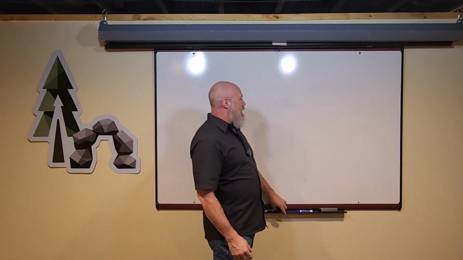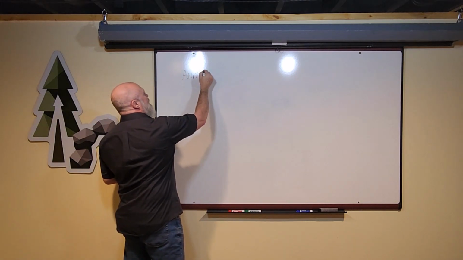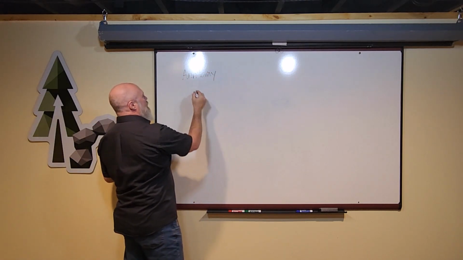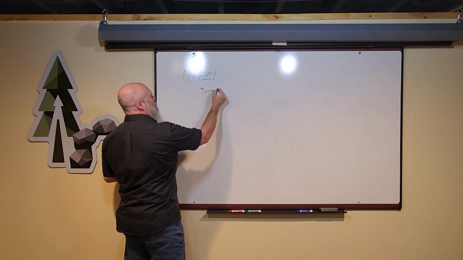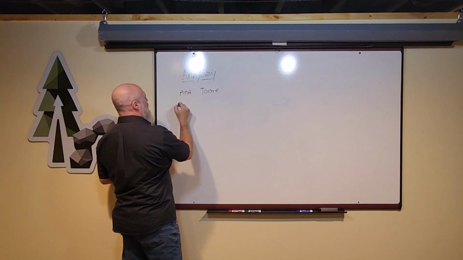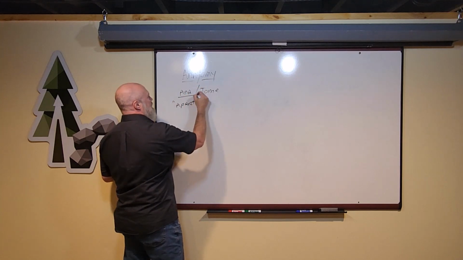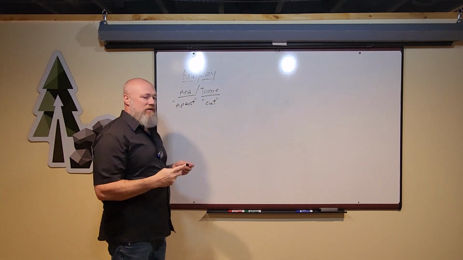So let's talk first about anatomy. It comes from a couple of roots: tome, which means to cut, and ana, which means apart. So anatomy means to cut apart, right?